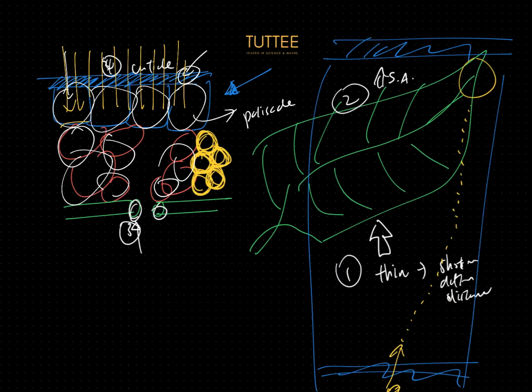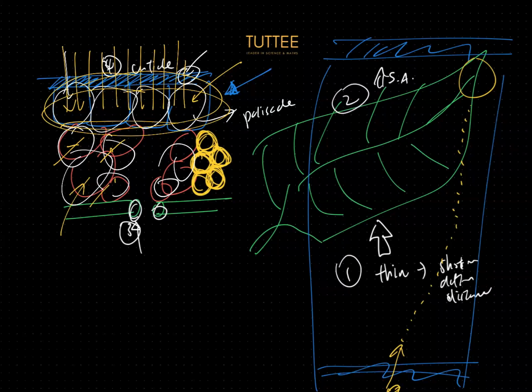So that's why they have to be closely packed. And for this group of cells, usually they have more chlorophyll. Now remember, all the cells here have chlorophyll. It's just that this group of cells have more. Why? Of course, because they are the ones exposed to sunlight. You want to make sure there's more photosynthesis, so you need more chlorophyll to carry it out.